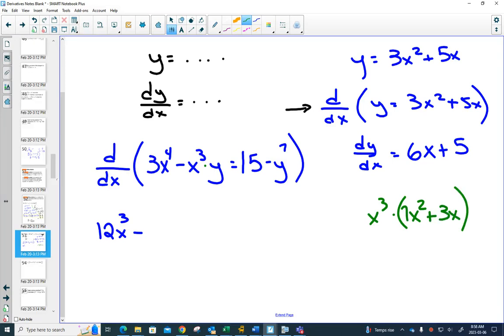Not even that bad. Okay? Let's make it worse. If you had this times this, you would have to do the product rule. Do you see that? So we're imagining where the y is, there's something with x. And if there was something with x times by that x cubed, you would have to do your product rule.